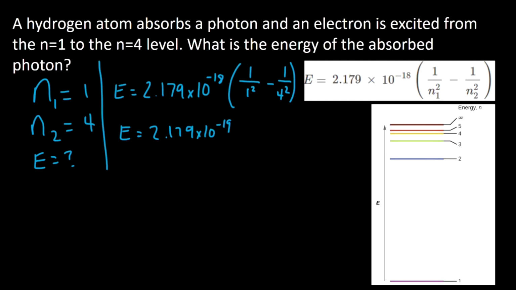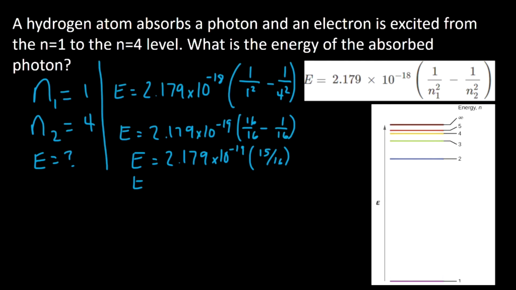And we'll subtract 1 over 1, which is just 1, minus 1 over 16, because 4 squared is 16. That means that we should get energy equals 2.179 times 10 to the minus 18th. And 1 over 1 is really 16 over 16. And so that's going to give me 15 sixteenths left. Okay? And so what energy do I get? I get a positive 2 times 10 to the minus 18th joules.